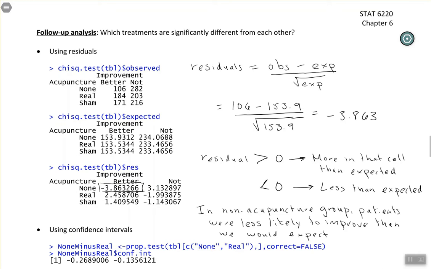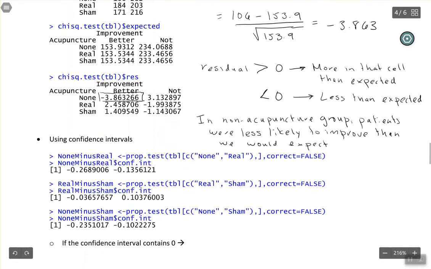Another way that we can follow up is by using confidence intervals. I have 3 confidence intervals here, and I'll talk through the code in a later video. Basically, this is the confidence interval for the difference in the long run proportions. We can think about the true probability of improvement for the non-acupuncture treatment minus the true probability of improvement for the real acupuncture treatment. That's what's being calculated in the first one.